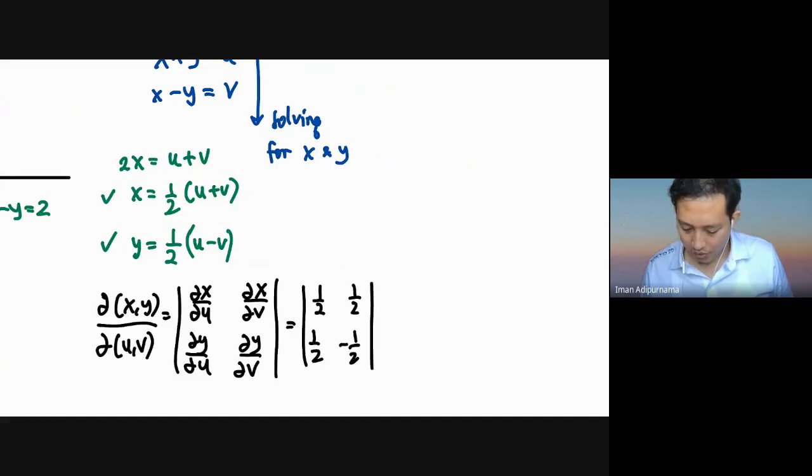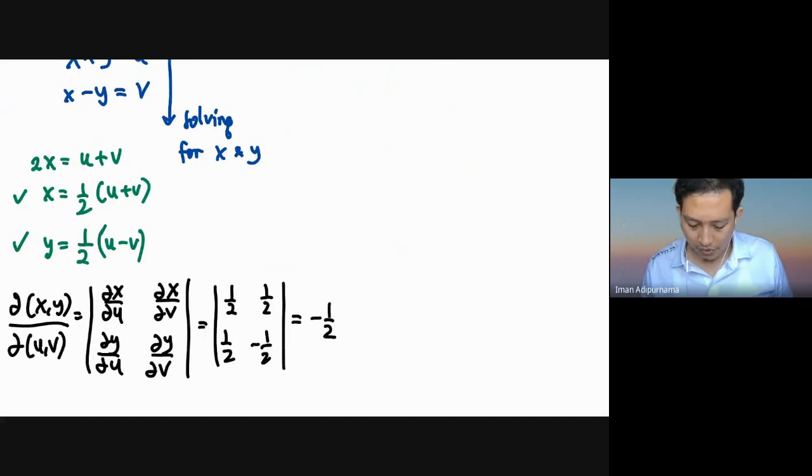And check the determinant, it will be negative half. But since this term should be positive, it should be the positive half. Okay.